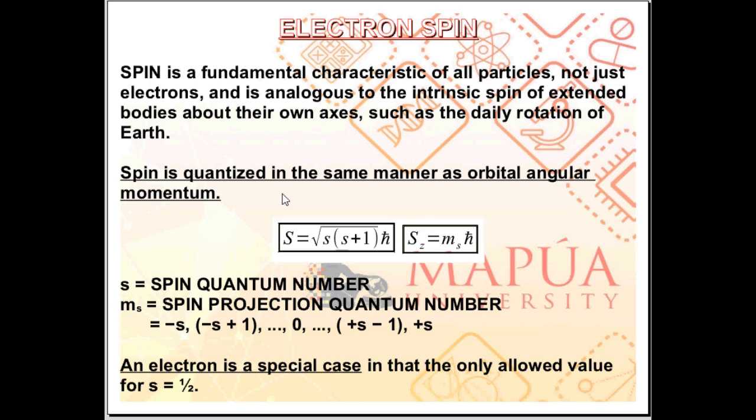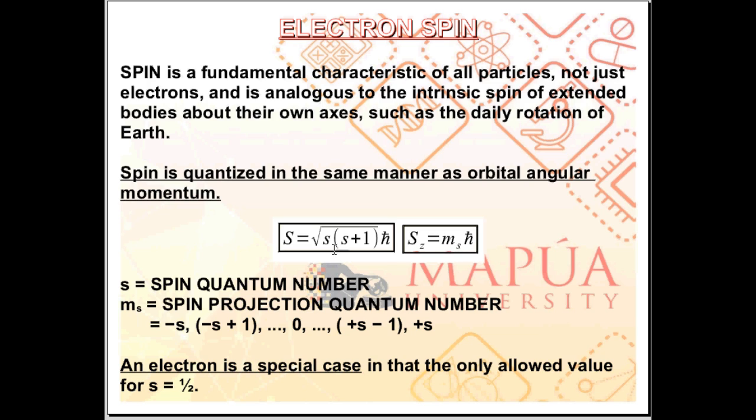Spin is quantized in the same manner as orbital angular momentum. You have spin S equal to the square root of s times s plus 1, times h bar, and you have the z component of the spin, Sz, equal to ms h bar.